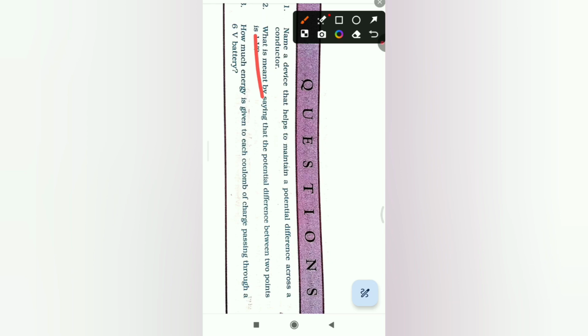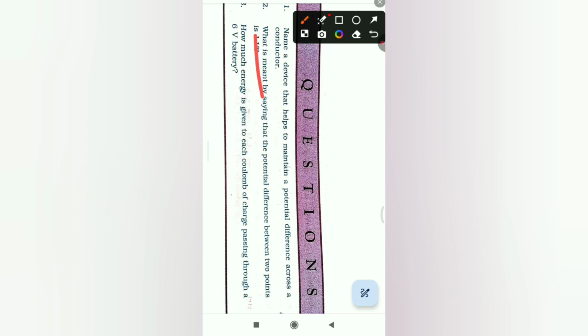What is the answer for this? Define 1 volt. We have discussed this in this video, right? It is the potential difference when 1 joule of work is done to carry 1 coulomb of charge from one point to another point. That is the answer for this question.